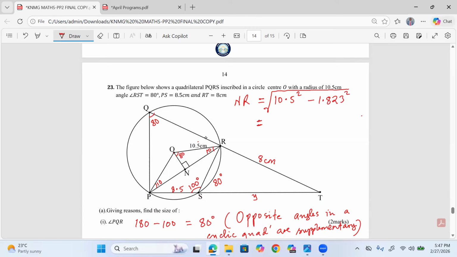So NR is going to be, let me find that. We need 10.5 squared minus 1.823 squared, then we find the square root. I'm getting 10.34.